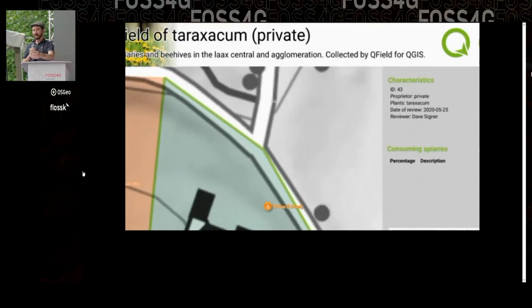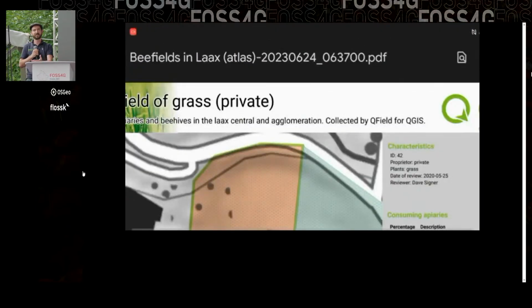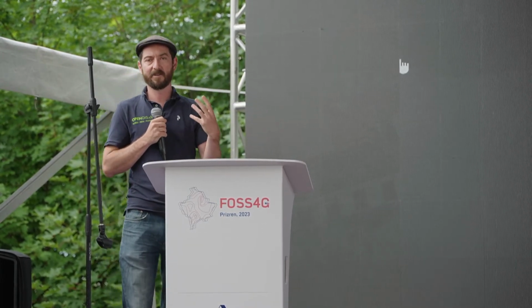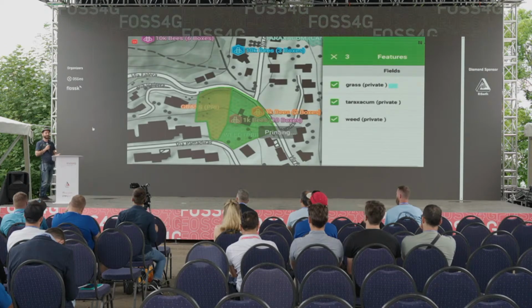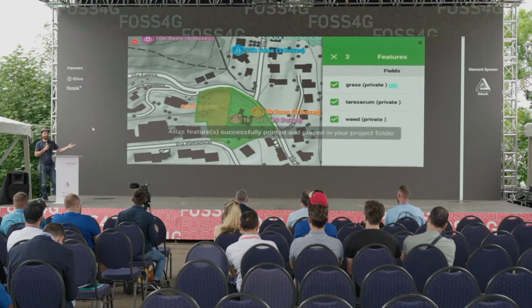You get 10 neighbors to sign who is living where and have that as a proof, because doing all the juridical background work would be way too expensive and too much work. That helps people protect their own goods against multinational companies that otherwise could just come and say, hey, look, we have that paper. So that was used for this kind of thing: directly mapping it on site, printing it, and then having people sign their neighbors' parcels.